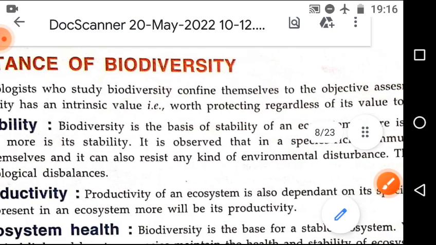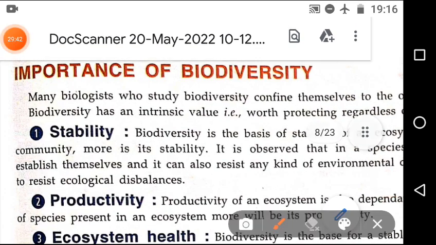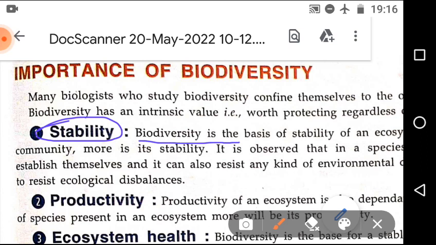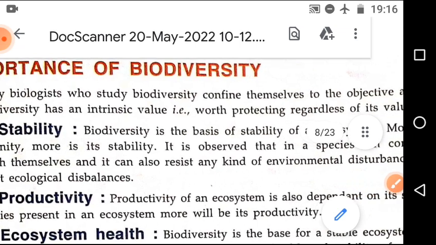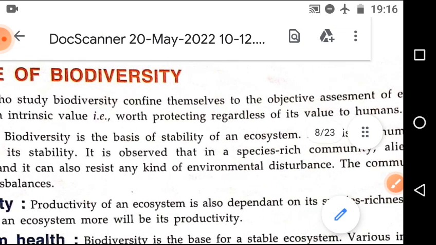Let us see. The first one is stability of the ecosystem. Well, if the biodiversity is hampered somehow, or if there is less biodiversity, then the stability of the ecosystem will also be hampered. Okay, why? Let us see. It is saying biodiversity is the basis of stability of an ecosystem.